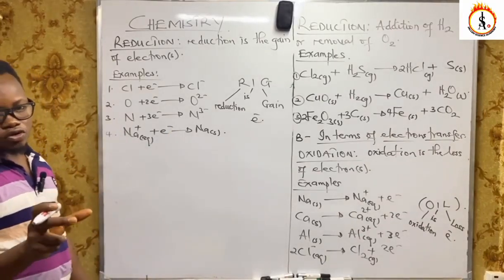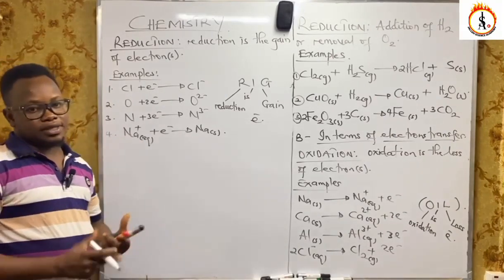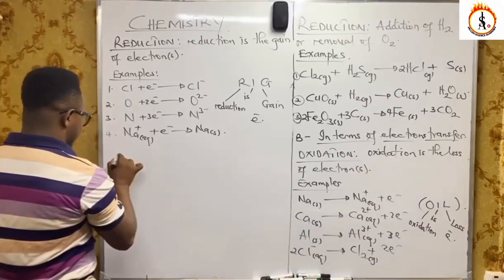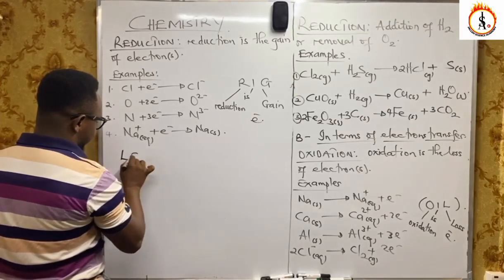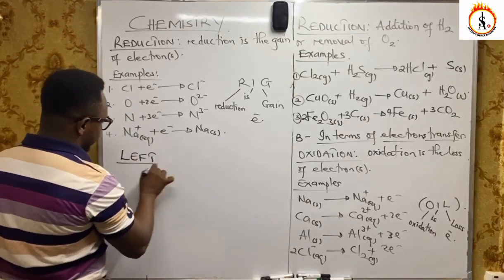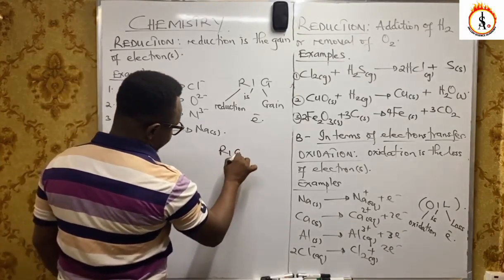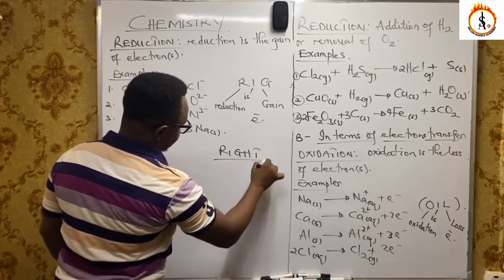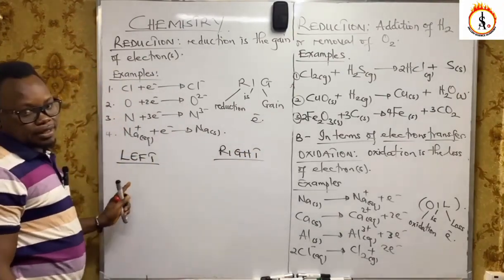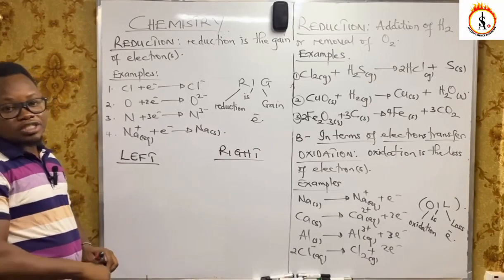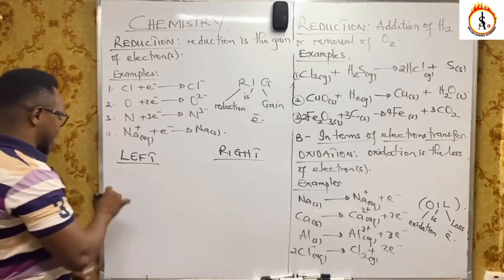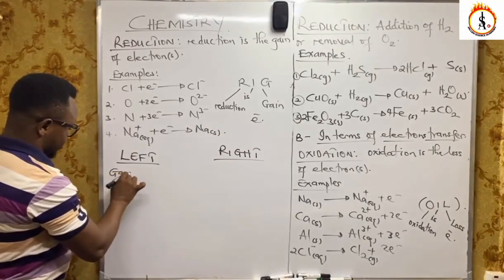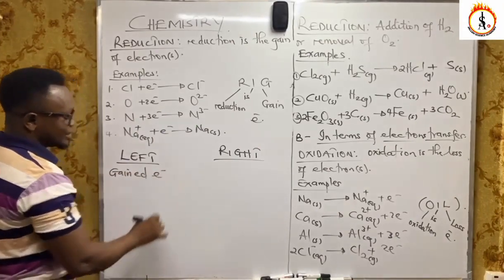And there are a few things also that you have to note when you look at these half equations. When electrons are written on the left and also when they are written on the right. Now, if you have an electron or electrons written on the left hand side, that tells you those electrons are gained electrons.